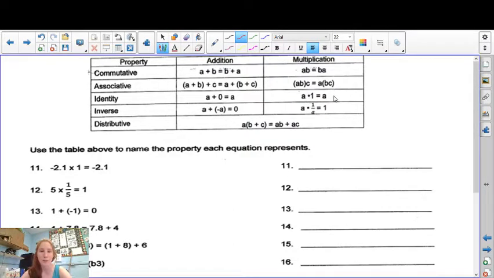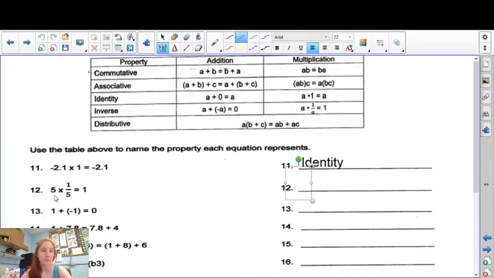Identity, which means I multiply and get it back out. Inverse, which means I multiply by the opposite and get back 1, or distributive, where I move it together. Good, that should be multiplicative, or I can write identity, because I multiplied by 1 and got the exact same answer out.